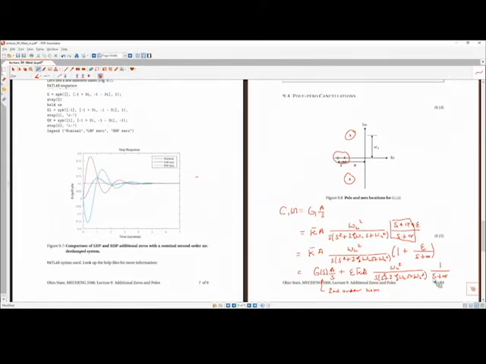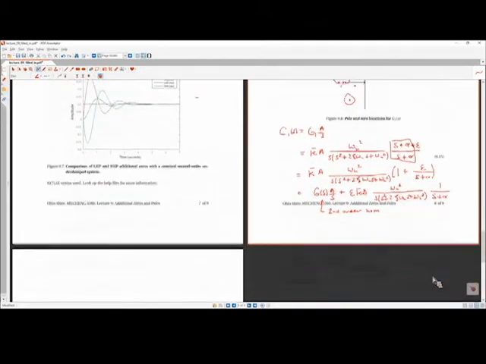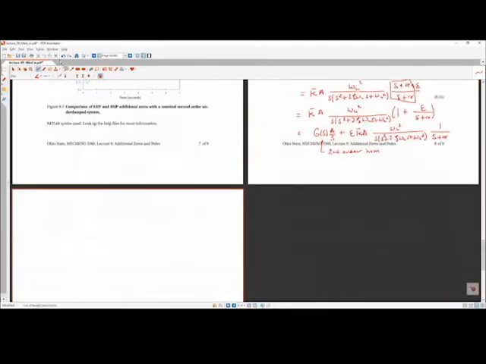So writing this in terms of notes that you can write down here. Epsilon goes to 0, pole and zero cancel perfectly. No effect.